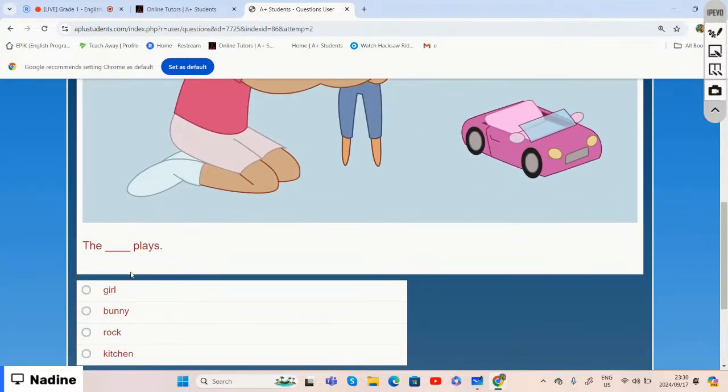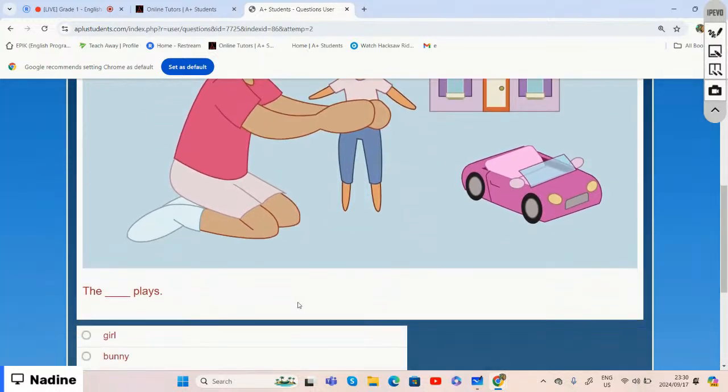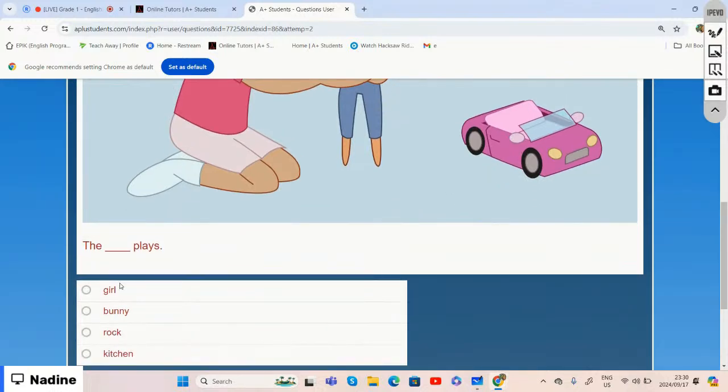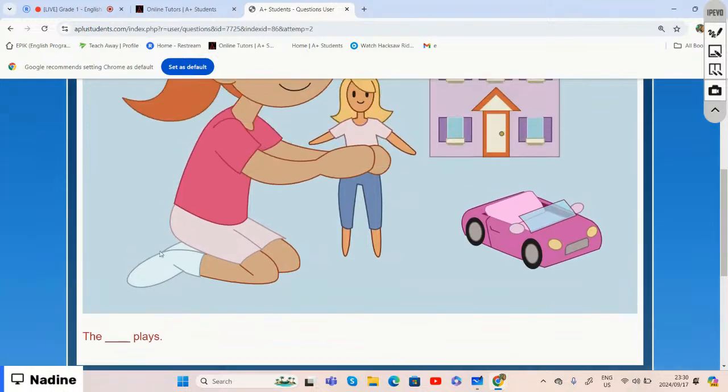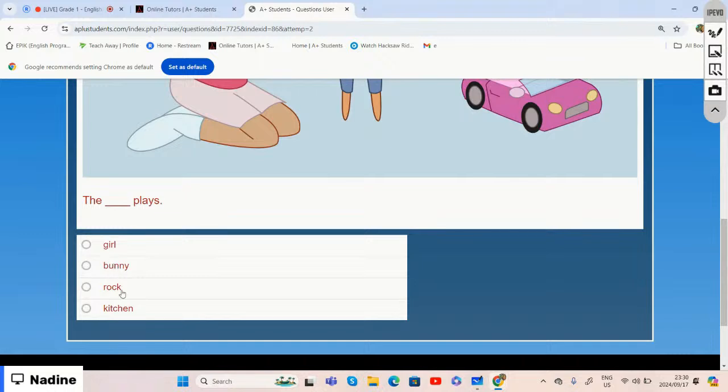Do we say the girl, option one, plays? The bunny, option two, plays? The rock, option three, plays? Or do we say the kitchen, option four, plays? We need to choose one of these: girl, bunny, rock, or kitchen.